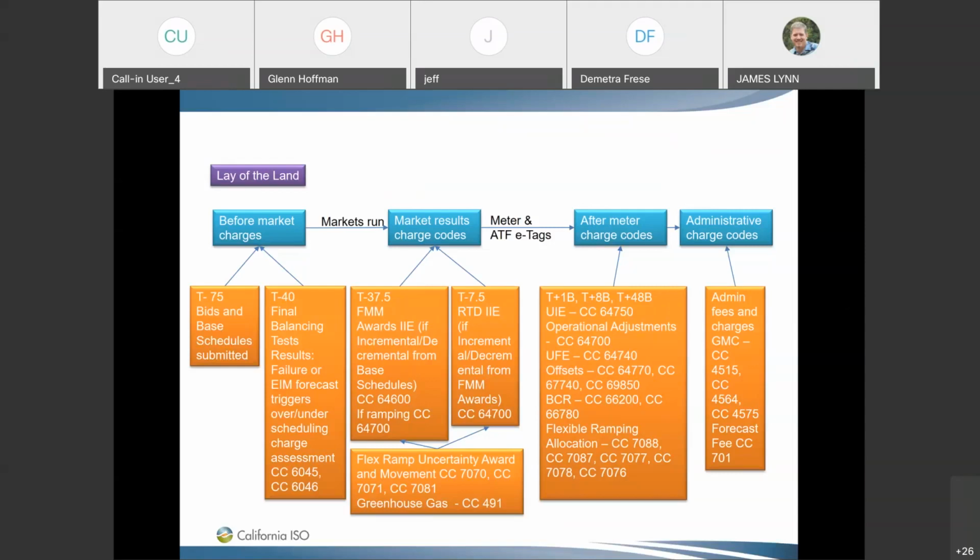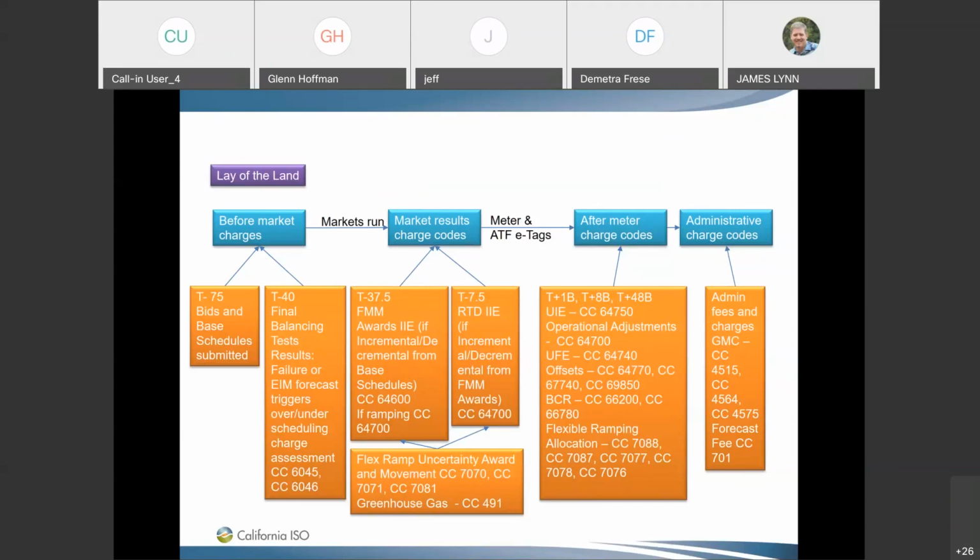Now, the way to look at it, the overscheduling, underscheduling penalty is supplemental to your UIE settlement of load. So let's say that you were 11% underscheduling, okay? That means your load is going to be higher.